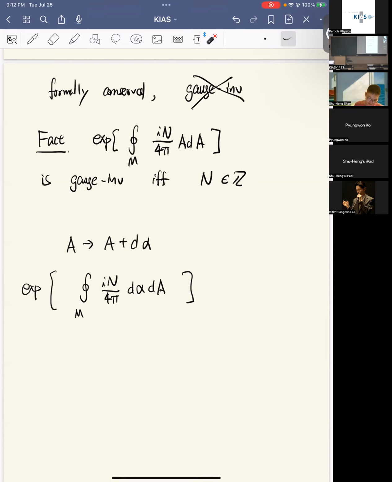The point is that alpha, the gauge parameter, as well as the capital A, are not true functions. They are sections over a bundle. They are not single-valued functions. For instance, if your spacetime has a circle, then alpha can wind around the circle. It can have a non-trivial winding number. And it's precisely those large gauge transformations that make this operator non-invariant.